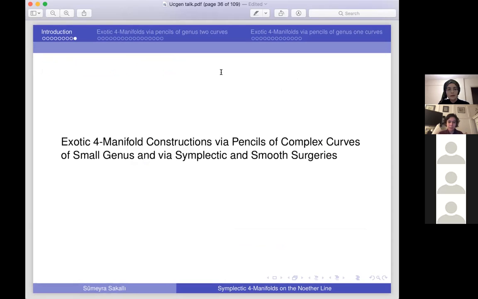Now, in the rest of my talk, I want to talk about our other works. These are all about constructing exotic 4-manifolds via pencils of complex curves of small genus, and also via symplectic and smooth surgeries. And let me begin.